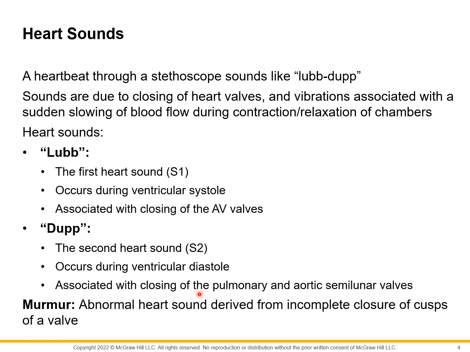So murmur is an abnormal heart sound that is derived from incomplete closure of the cusps, and this will lead to leakage of blood. So, for example, if you have, let me say, tricuspid regurgitation, when the right side of the heart contracts to eject the blood into the pulmonary trunk, some of the blood will get through the atria, through the AV valve, through the tricuspid valve, leading to this abnormal heart sound, which is called murmur.